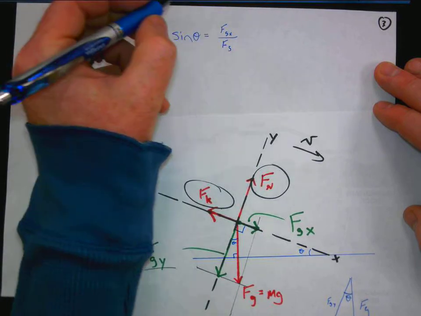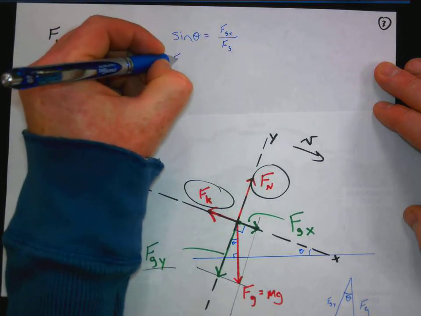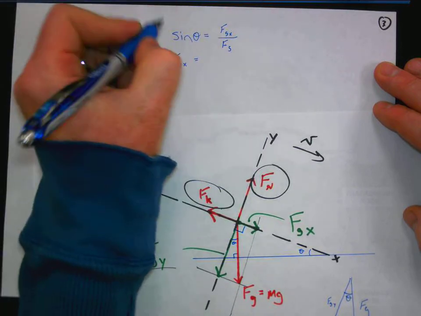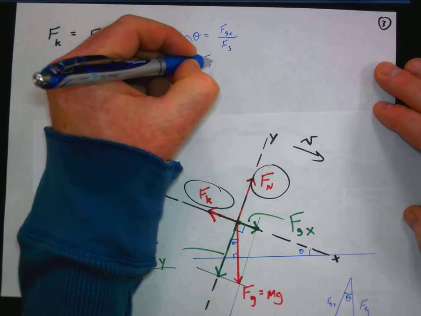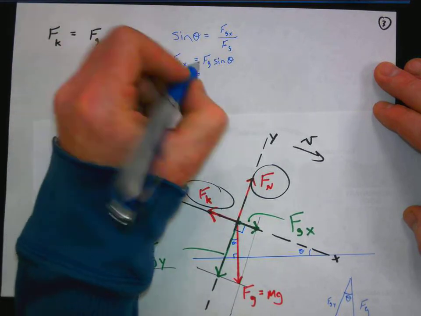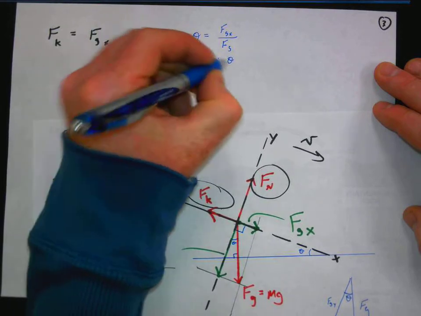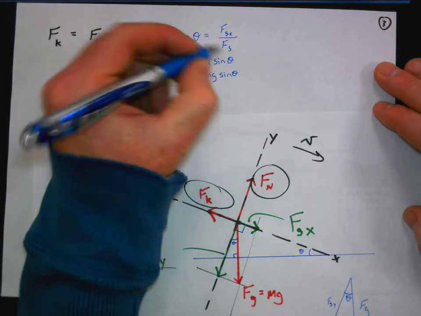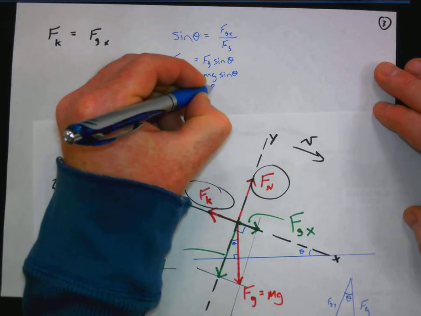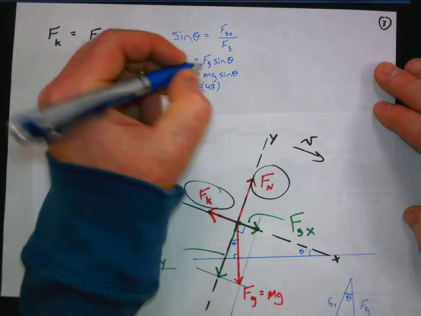So I'm looking for weight in the x direction, or the x component of weight. And so it's just Fg sine theta. And I know Fg, it's just mg once again, times sine of theta. And so I know all of those values. Again, I use 43 kilograms. I multiply by 9.8.